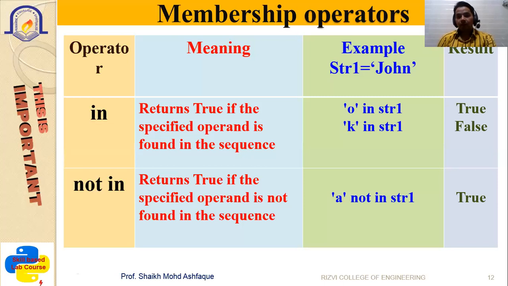Or in a library, whenever you want to search for a particular book, write down the name of the book, then under the search, write this logic: book name in list. If it is available, it will display the information. If it is not available, it will give you the false value, that it is not available.